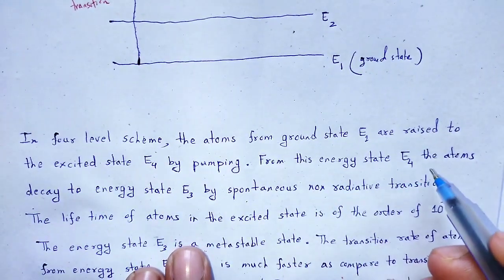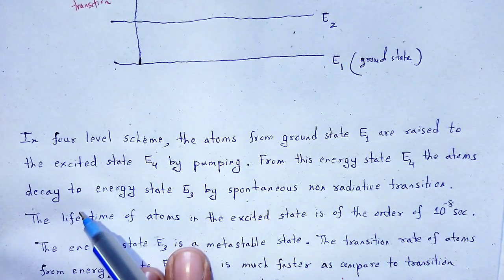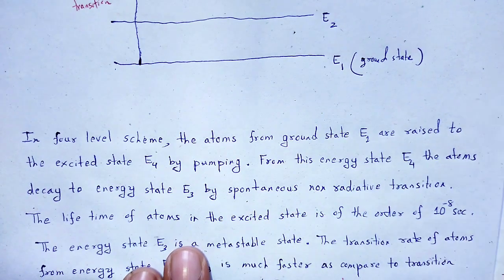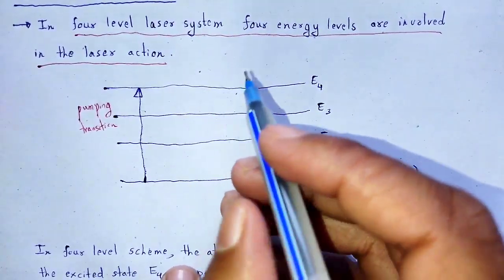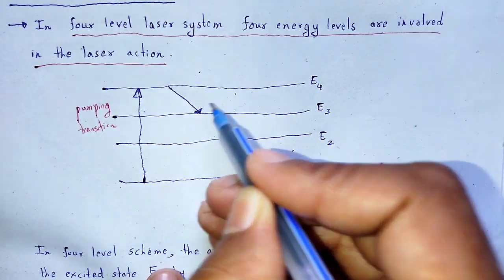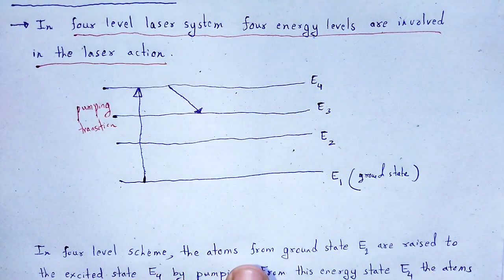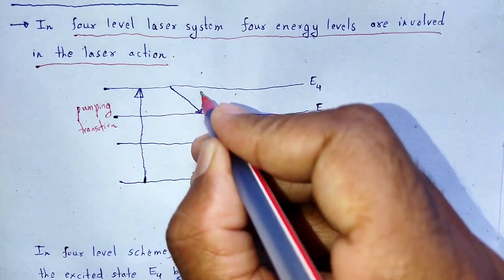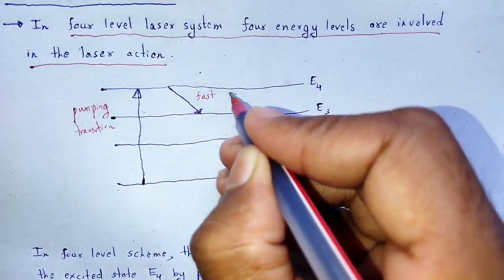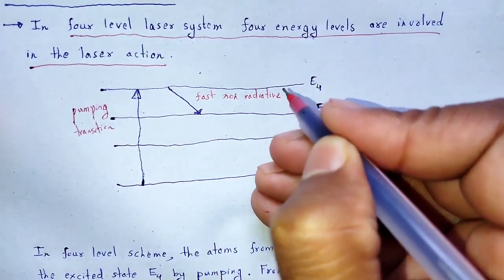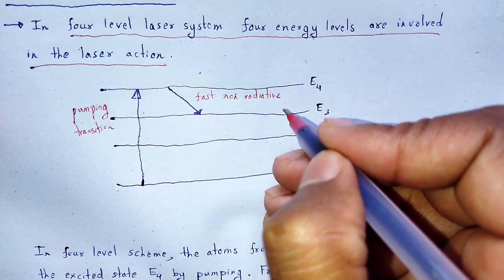From energy state E4, the atoms decay to the energy state E3 by spontaneous non-radiative transition, that is, fast non-radiative decay.